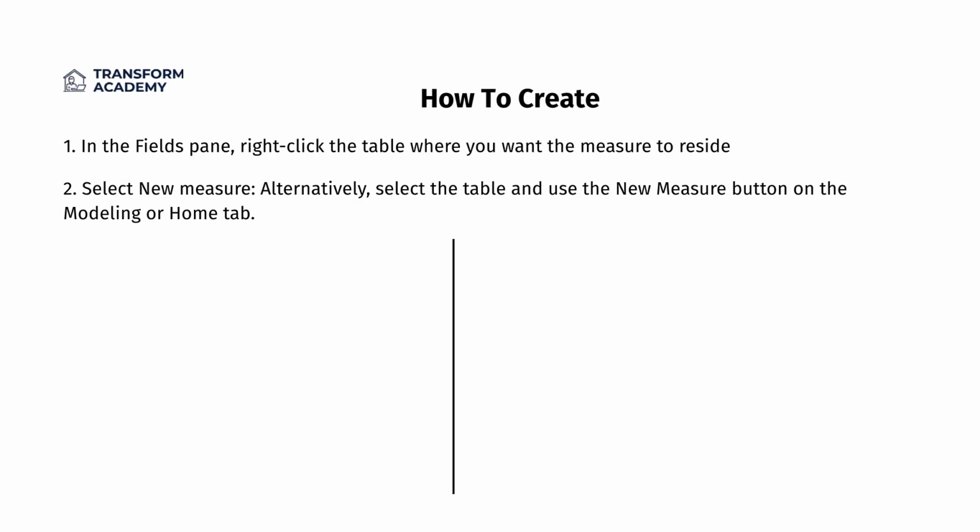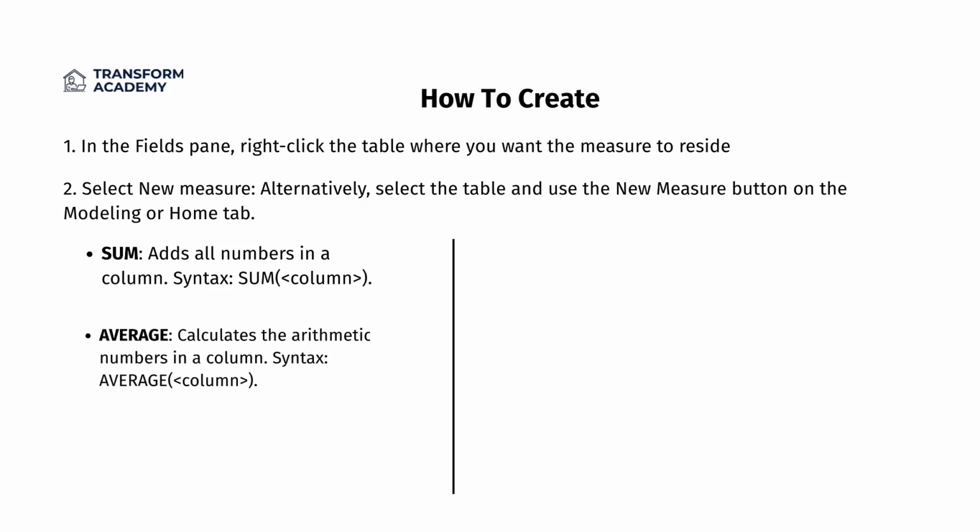AVERAGE calculates the arithmetic mean of numbers in a column. Syntax. COUNT counts the number of cells in a column that contain numbers. Syntax. COUNTA counts the number of non-blank cells in a column, text or numbers.